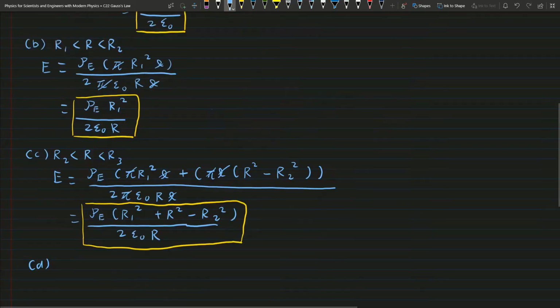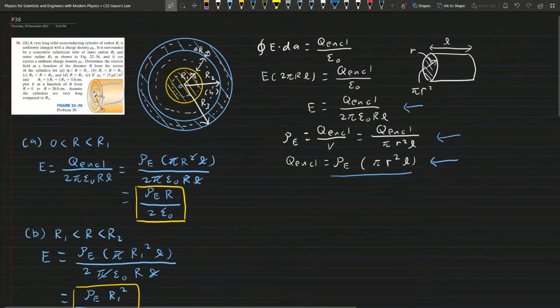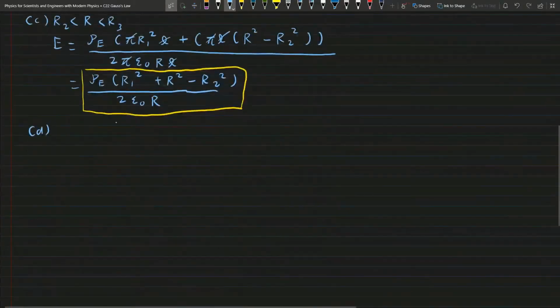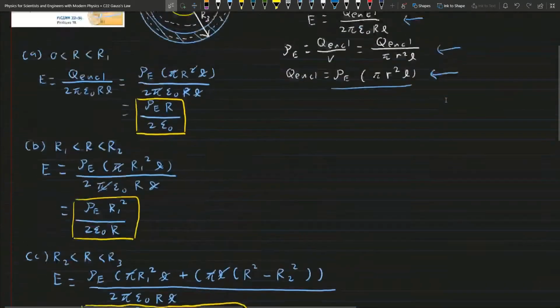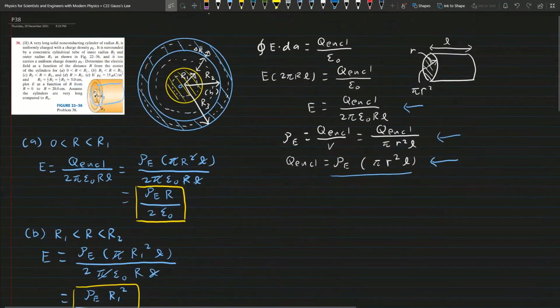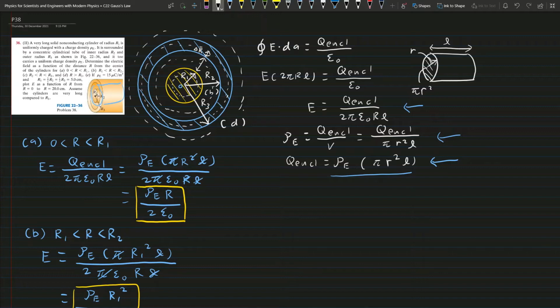Let's go to D. In case D, R is greater than R3, so this is given by the outside here.